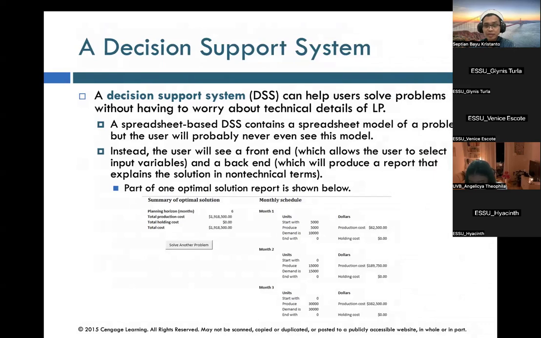To solve these problems, we need a decision support system. In IT programs, or information technology programs, we also use the decision support system, or DSS. The DSS gives us optimal solutions that could happen in our analysis.